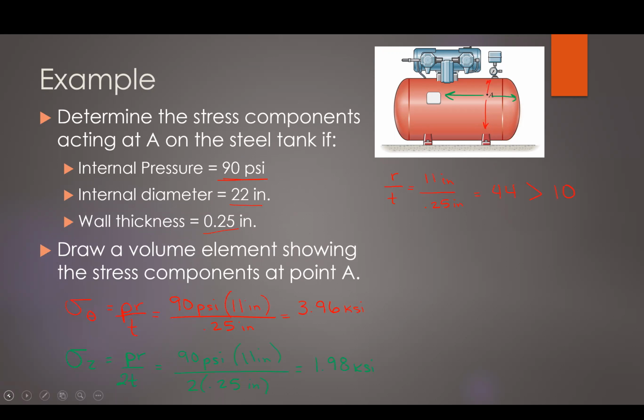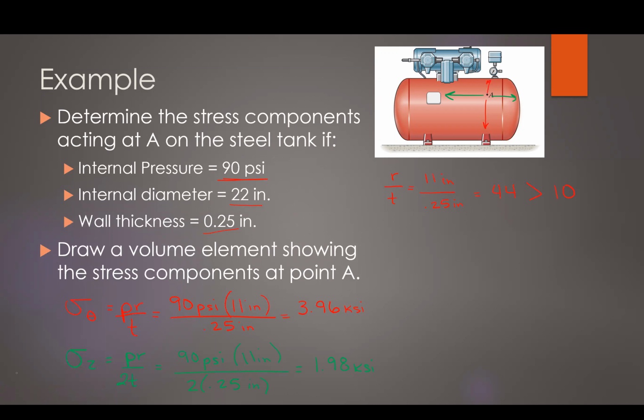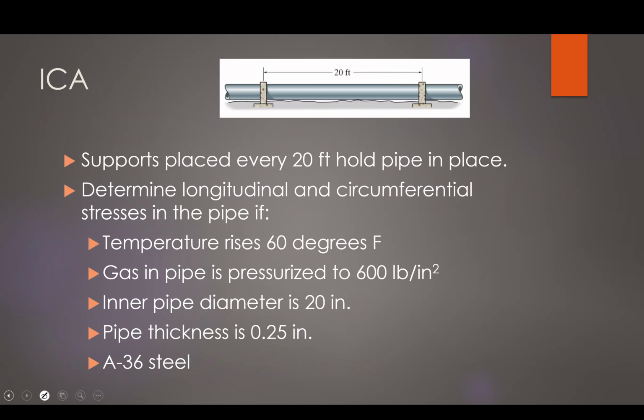And that means if we look at a material element that has its sides, so a little volume element, aligned with the Z and theta directions, theta is actually going to be down here. This will be our theta direction.